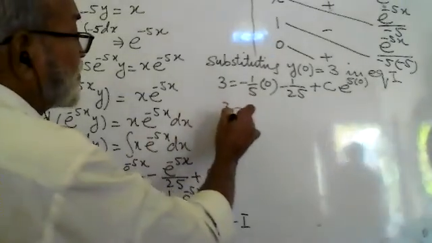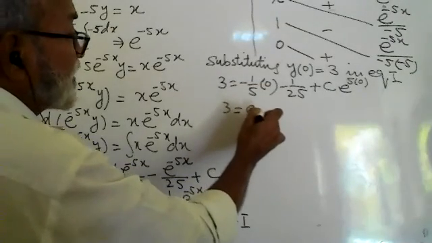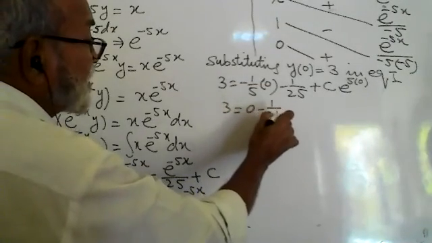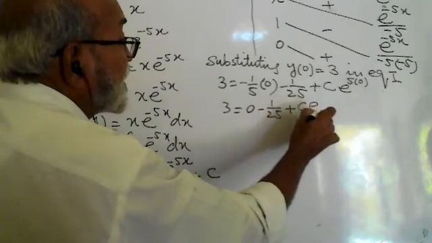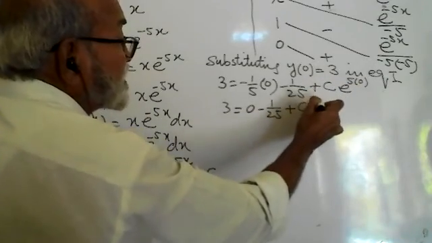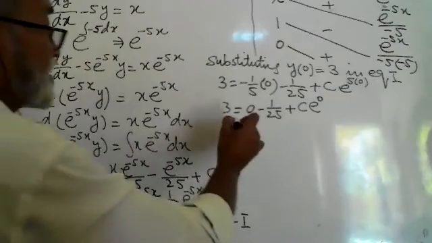3 is equal to minus 1 upon 5 into 0, which will be 0, minus 1 upon 25, plus c e raised to power 5 into 0. E raised to power 0 will be 1.